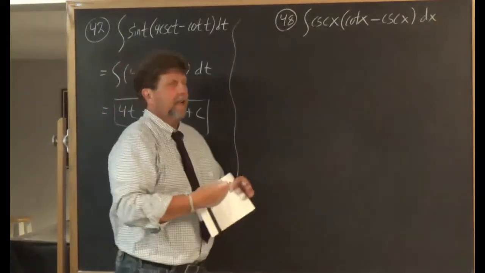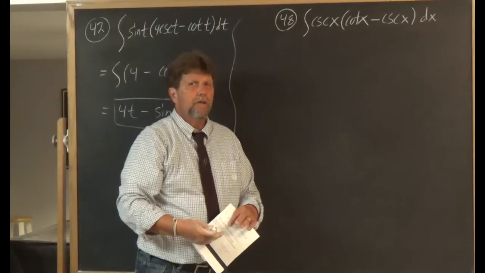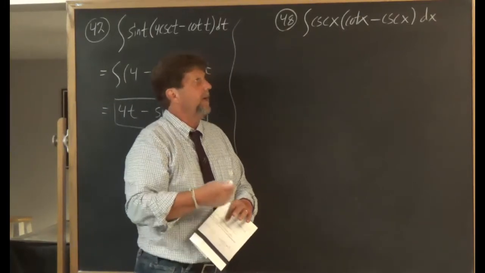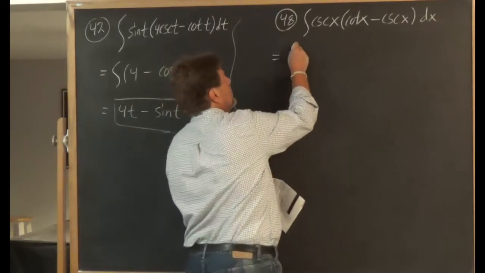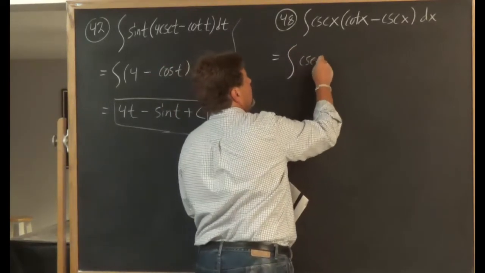48, I would have the exact same first step as 42. I'd look at the integrand and say, you know what, I'm going to distribute that cosecant x. So I distribute the cosecant x.